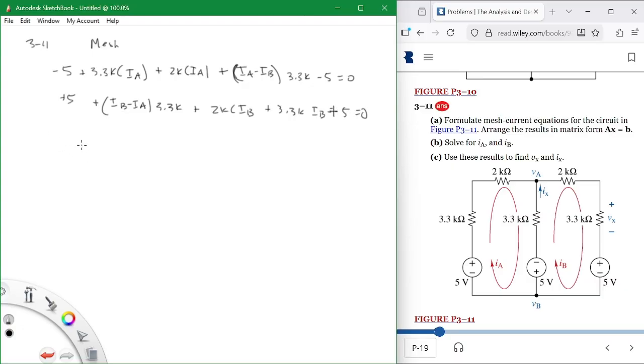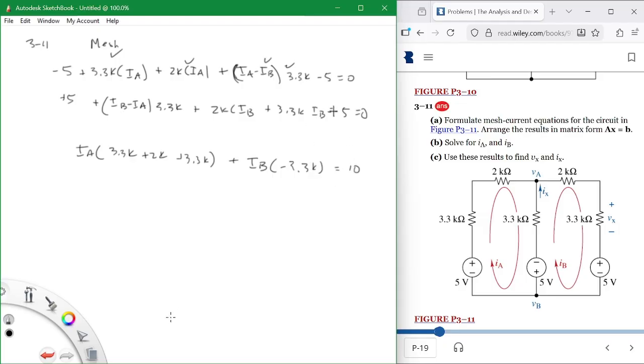So here you've got IA times 3.3, that's that one, plus 2, that's that one, plus 3.3K, and that's that one, plus IB times minus 3.3K. All right? That's that one right there.